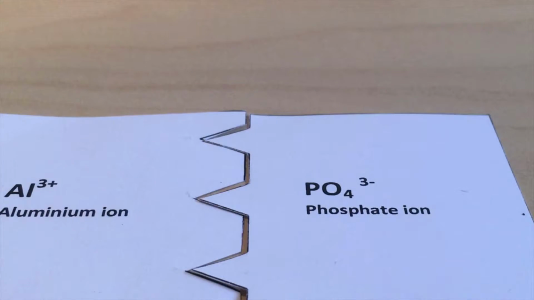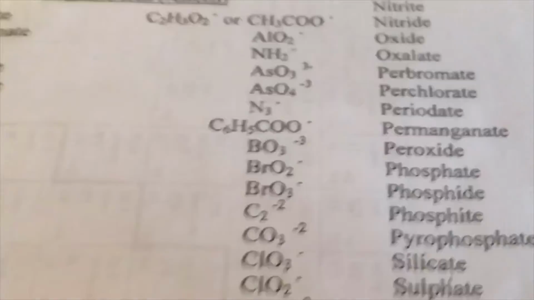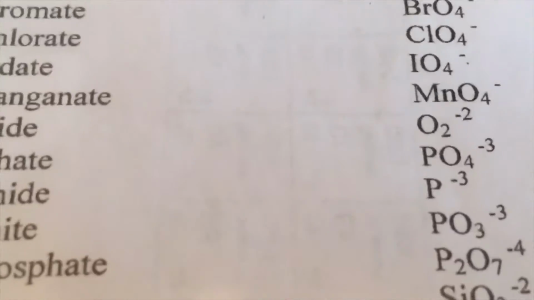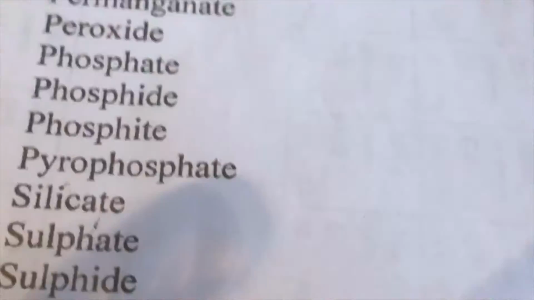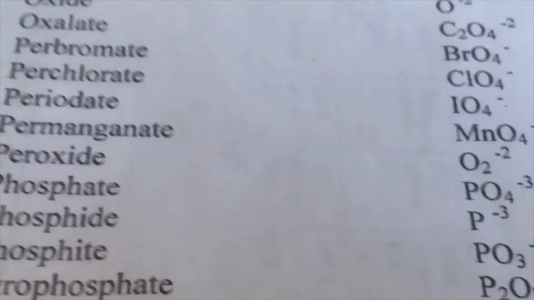In the case of this phosphate ion, we can look at the chart right here and look for PO4, which is the formula of phosphate. Once we find PO4, we can go across and see that it says phosphate.